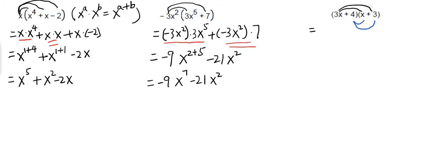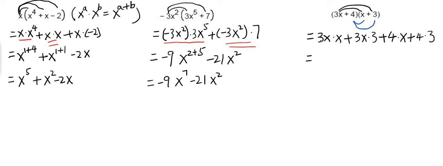So we can write down 3x times x, 3x times 3, and for the second term, 4 times x, 4 times 3.